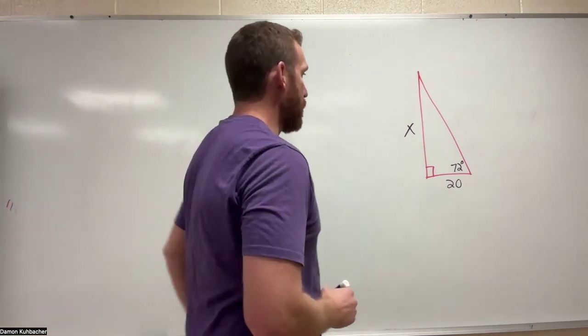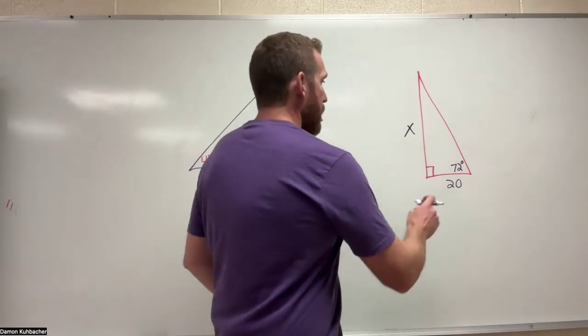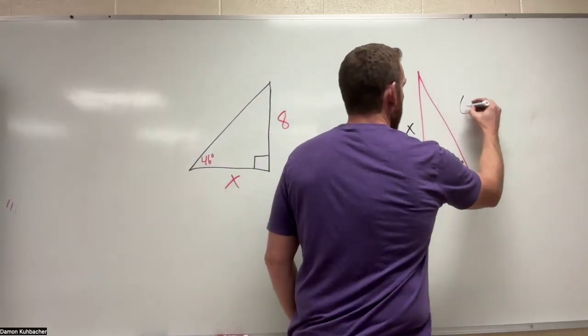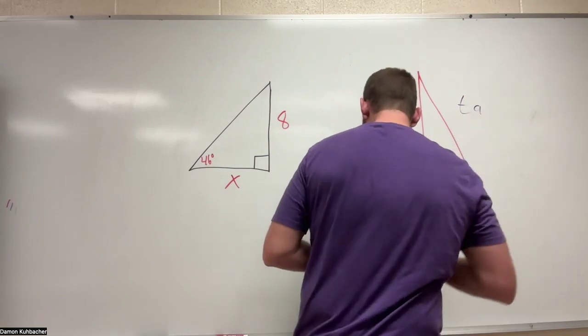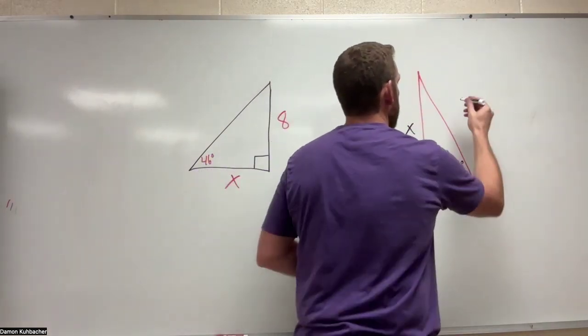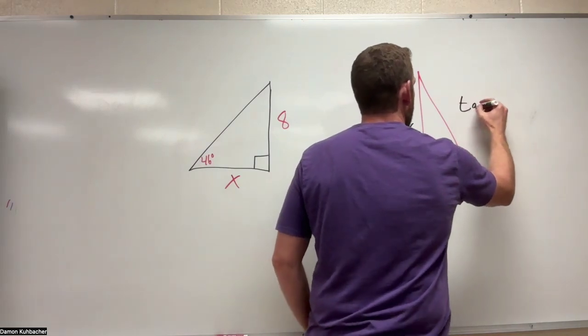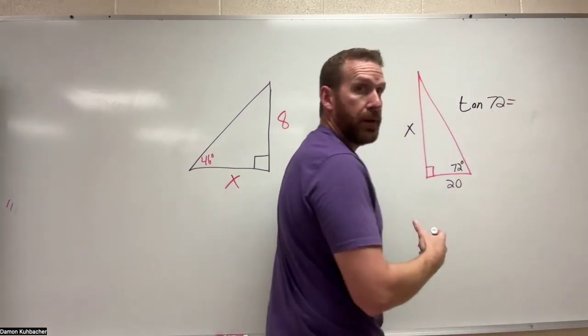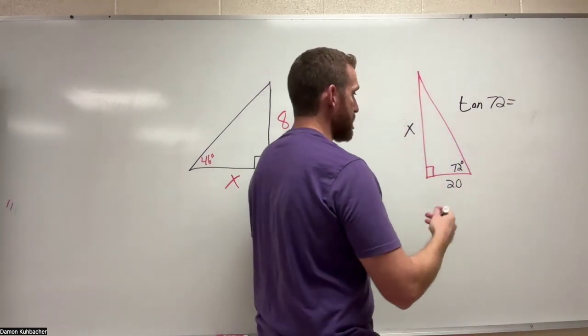So if I'm looking at this one here, my theta is 72 degrees. So I'm going to have the tangent of 72 degrees equals, and now I'm going to have my opposite over adjacent.